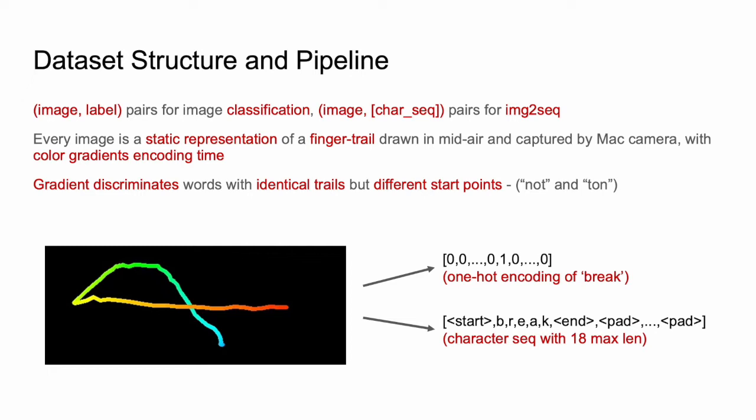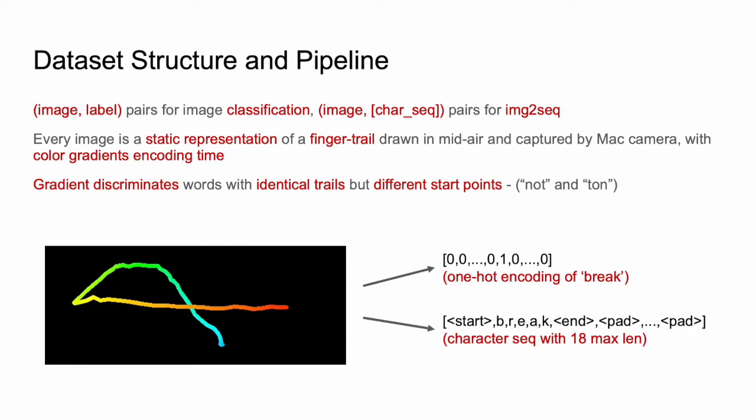Using color is essential to discriminate words that have identical trail shapes, but which have different start points and end points. For example, the words not and ton have exactly the same finger trail shape and image, but due to the color gradient, we can tell that they are actually two different words.